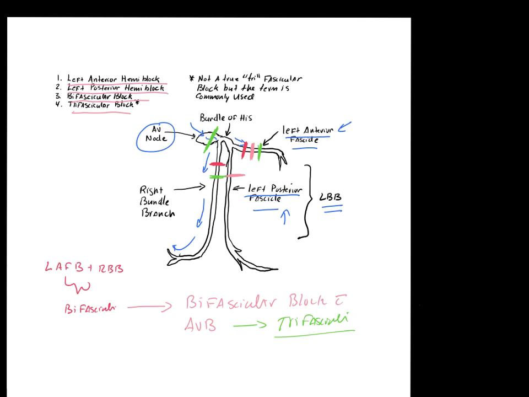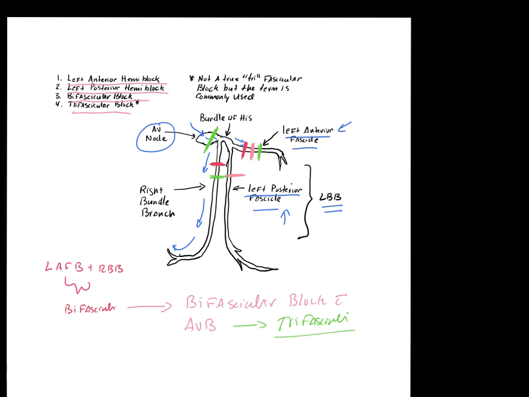So let's just rehash this real quickly again. A left anterior fascicular hemiblock is just an isolated block of the left anterior fascicle. A left posterior hemiblock is a block of the left posterior fascicle.